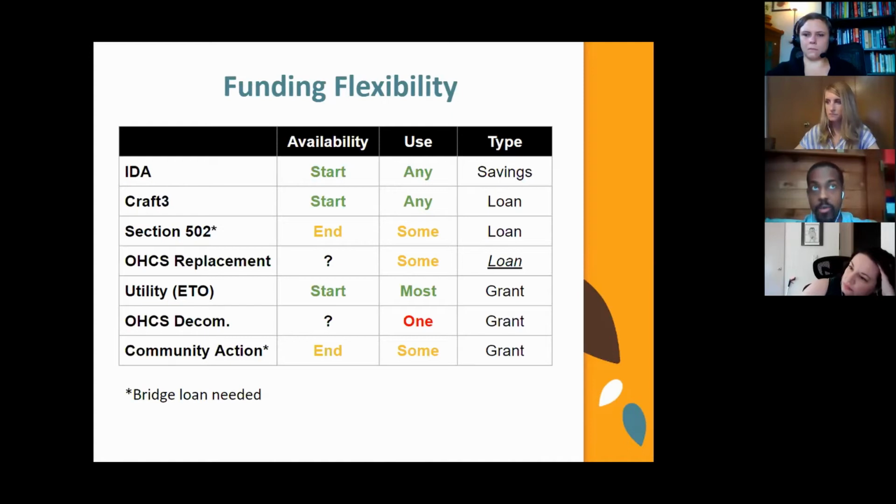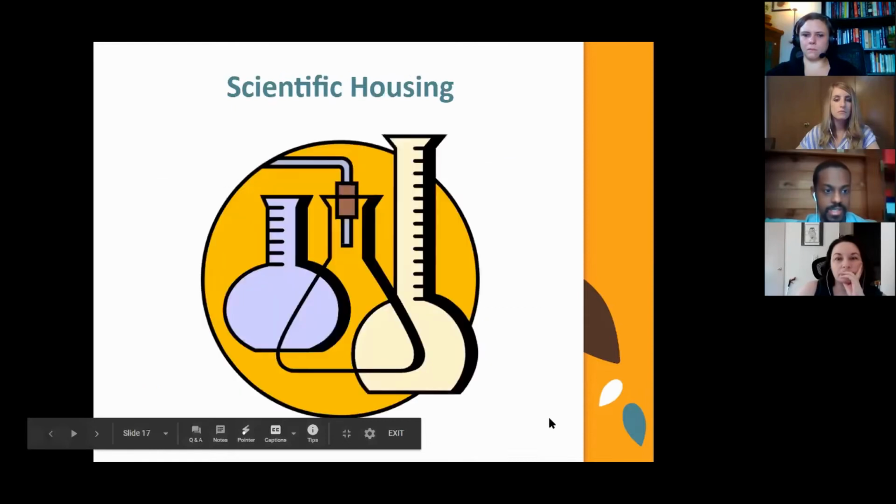It's 80% of whatever the cost of demolition is. And lastly, we have the Community Action Agency weatherization funds that come, similar to the Section 502 loan, at the very end, and it's essentially like a reimbursement grant. It won't cover every single expense, but it'll cover some of those expenses. Next slide, please.